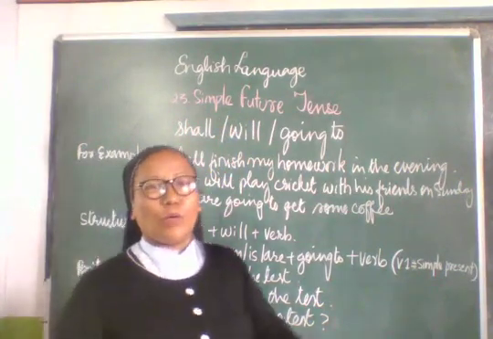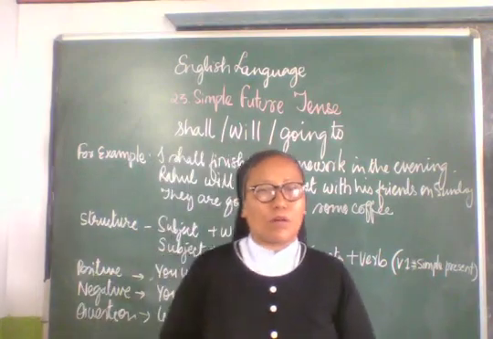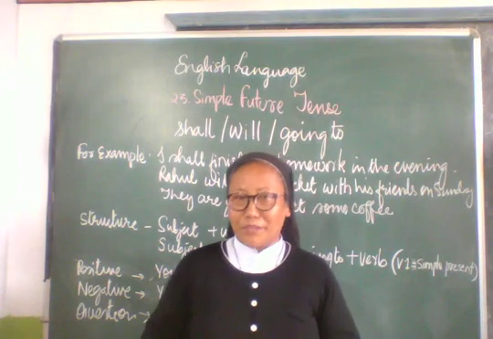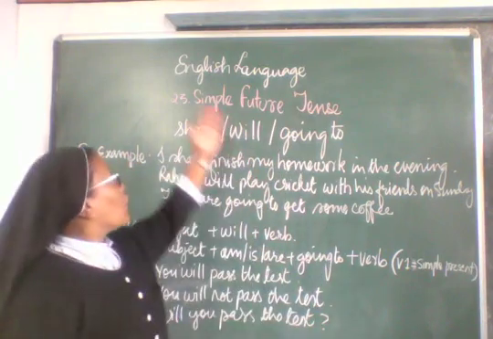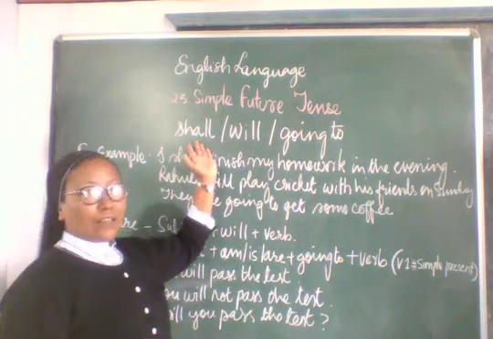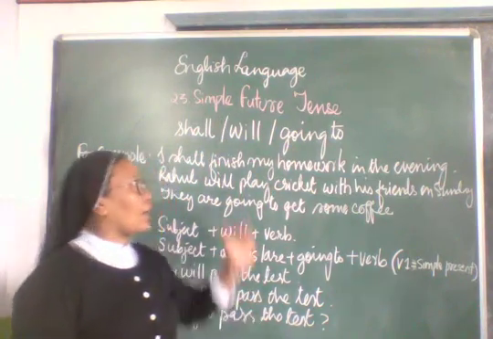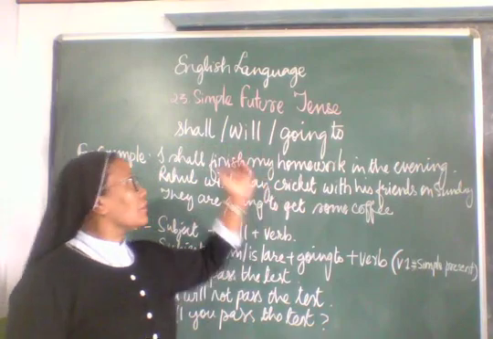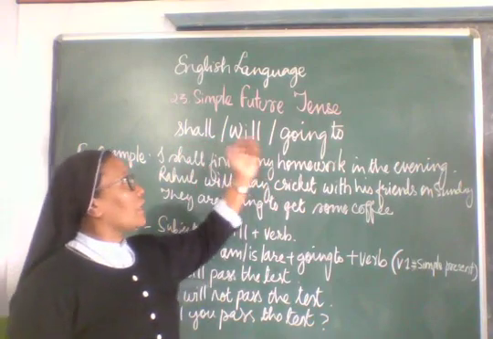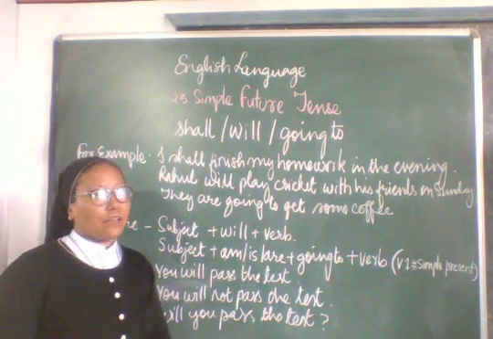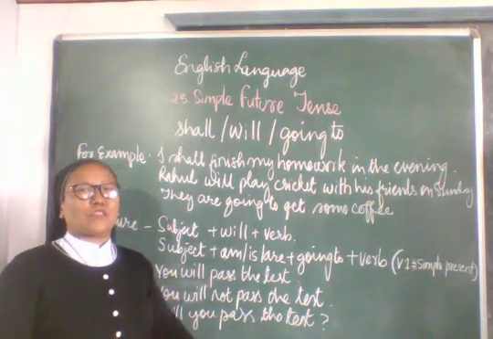Whenever we want to talk about the future, we use future tense. The words like shall, will, and going to. These are the three words, shall, will, and going to phrase, we use to express future time.